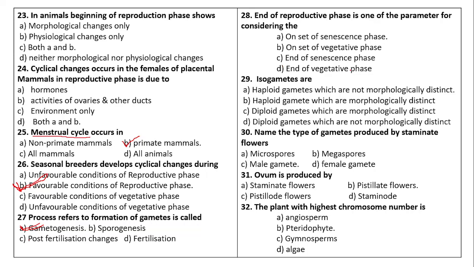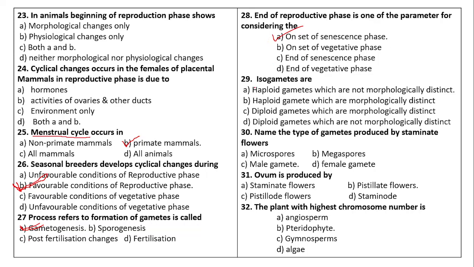Students, remember that in the life cycle of an organism, first comes the vegetative phase, next the reproductive phase, and lastly the senescent phase. According to the question, which phase comes after the reproductive phase? Directly you can write it as the senescent phase. Option A.